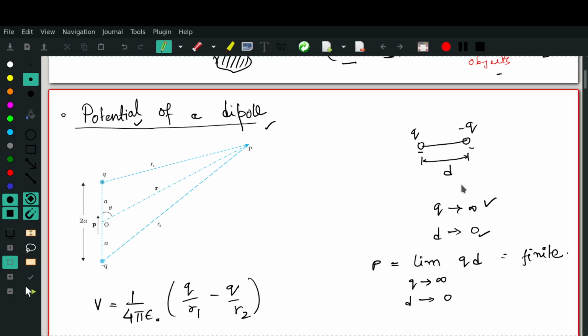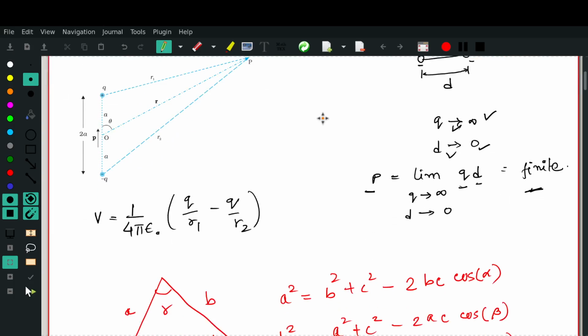If you take the proper limits, for the dipole moment, which is given by q times d, with q tends to infinity and d tends to 0, you will see that even though q goes to infinity and d goes to 0, this dipole moment will be finite. So this is the precise definition of a dipole.